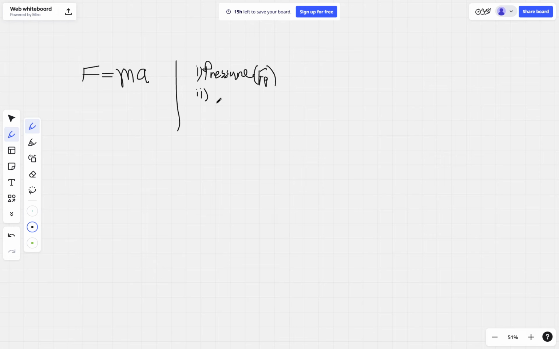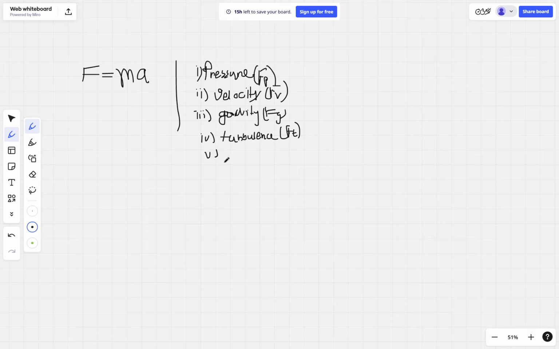After that, force due to velocity, that will be F of V. After that, force developed by virtue of gravity, that will be F of G. After that comes the force due to turbulence, that will be F of T.